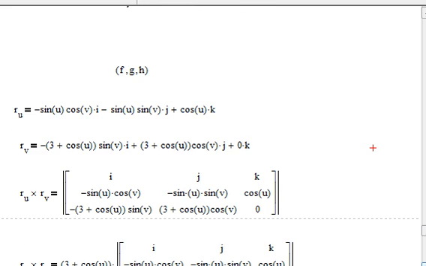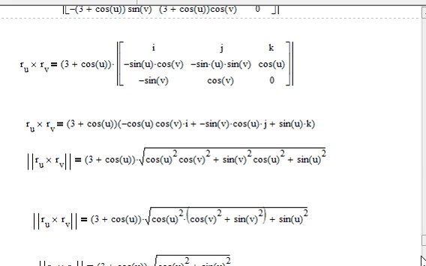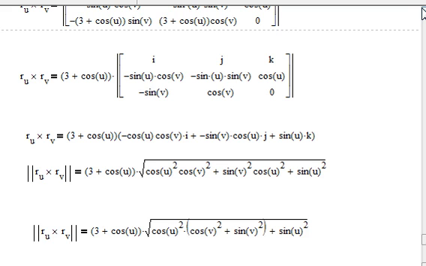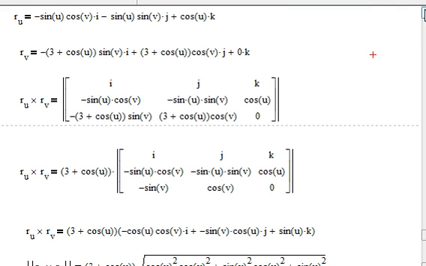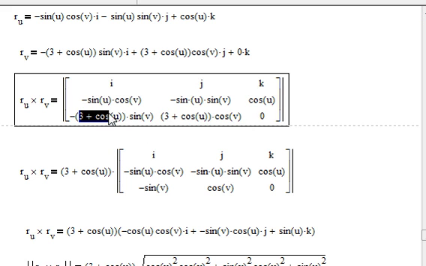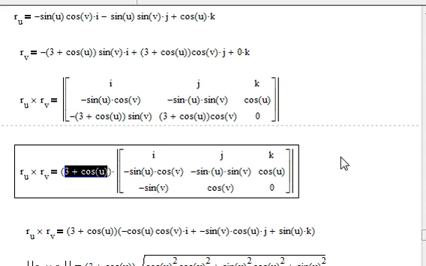So these are the two vectors I want to find the cross product of. So here is that cross product. A little wild and crazy, but you can do this with determinants. The entire row 3 plus cosine u is a factor, and of course 0 doesn't matter. We can factor it out as a constant.